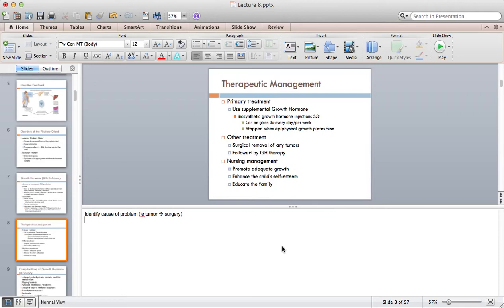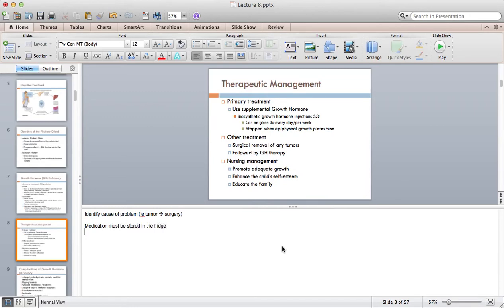As part of the teaching, mom needs to know how to store the medication. It has to be in the fridge, same thing we used when we did storage for immunization.